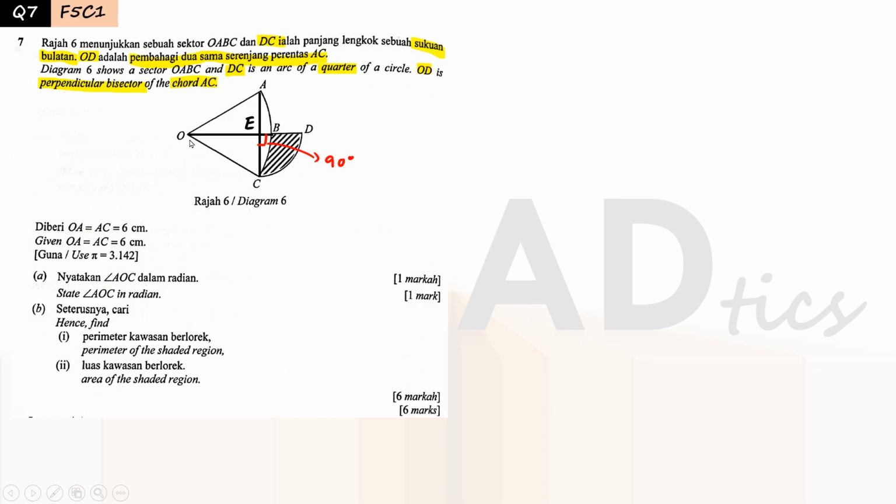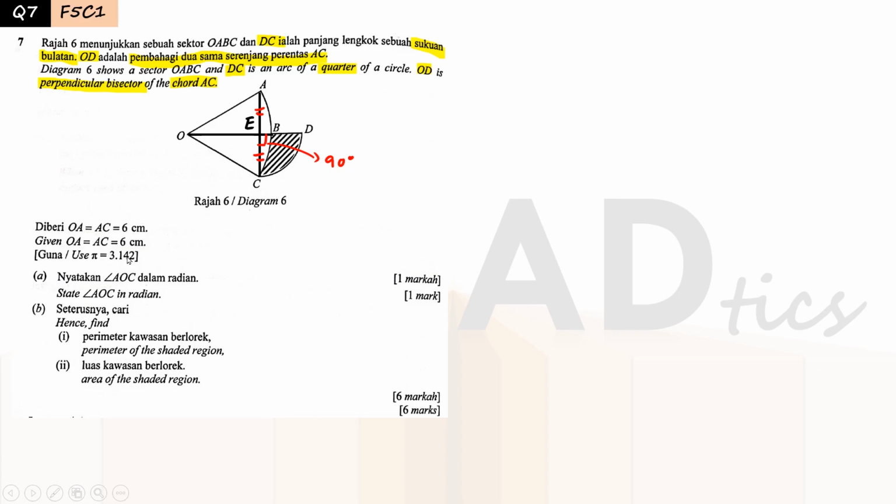Alright? And another thing is the OD is the perpendicular bisector of chord AC. So OD is this line, AC is this line. So perpendicular bisector means this OD will split the AC by half, and the two halves have the same length, right? So for example, AE will be the same length as EC.